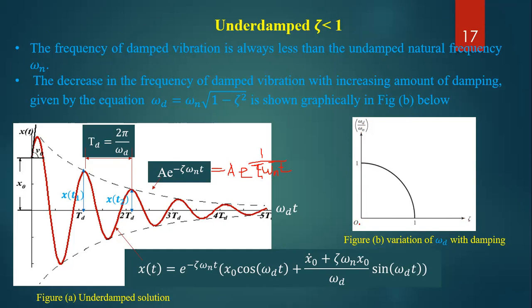And when zeta is 1, that is the critically damped case, zeta is equal to C over C critical.